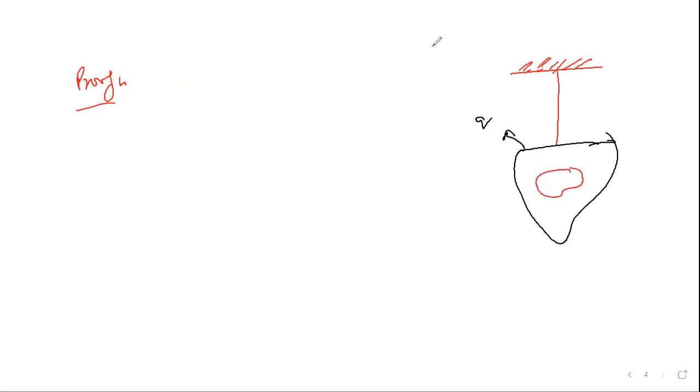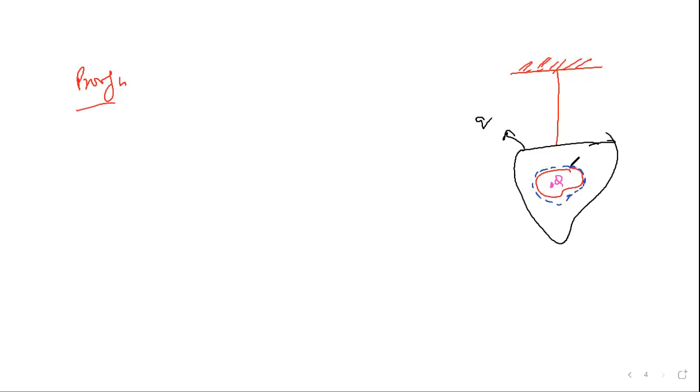Now inside the cavity, I am placing Q, right? Let me prove my result, then I will modify the diagram. So I am saying, consider a Gaussian surface.